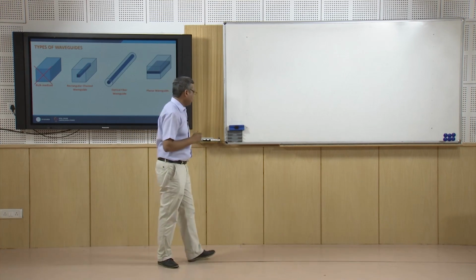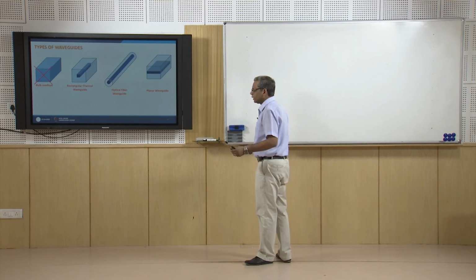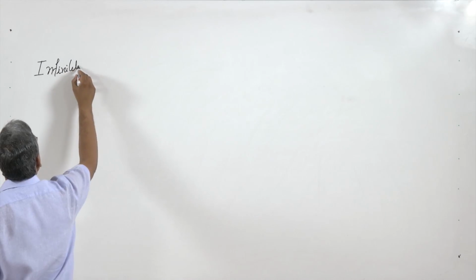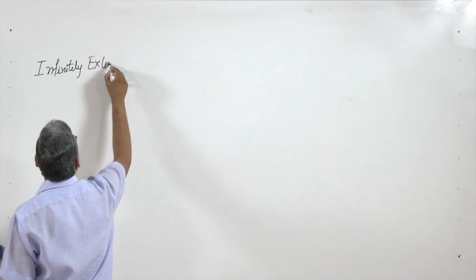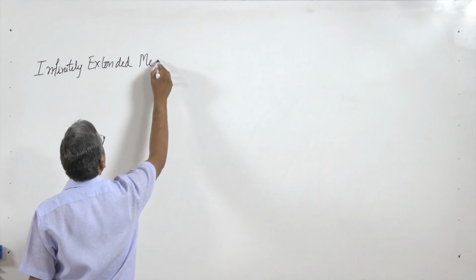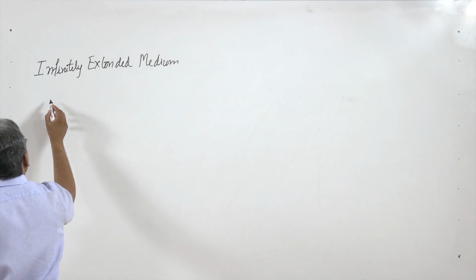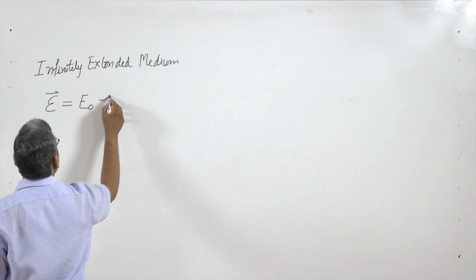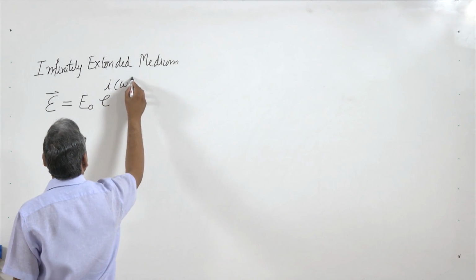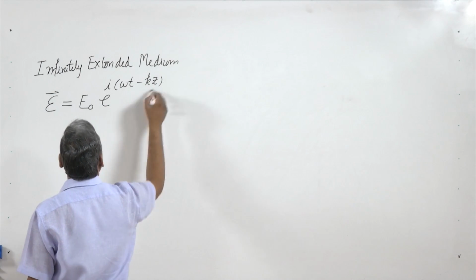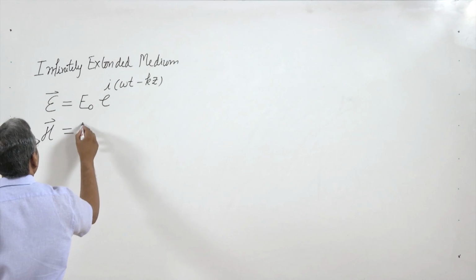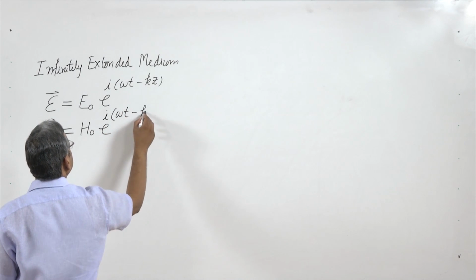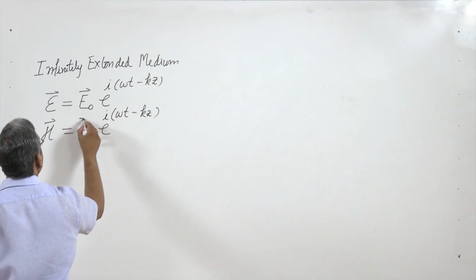If you remember, the electric field associated with that wave in an infinitely extended medium was given by E equals E0 e to the power i(omega t minus kz), and H was H0 e to the power i(omega t minus kz), and I had these vectors.